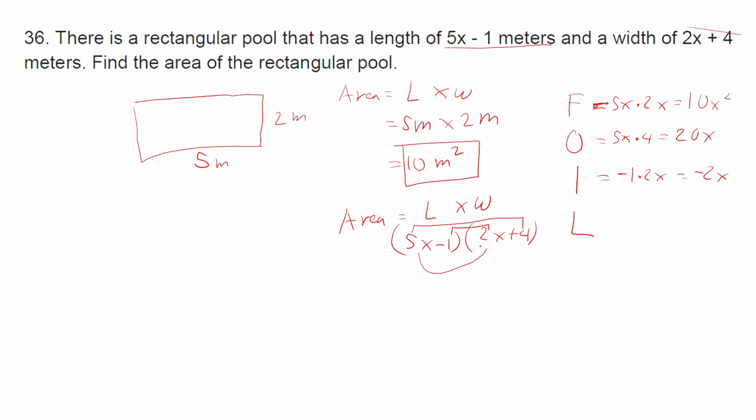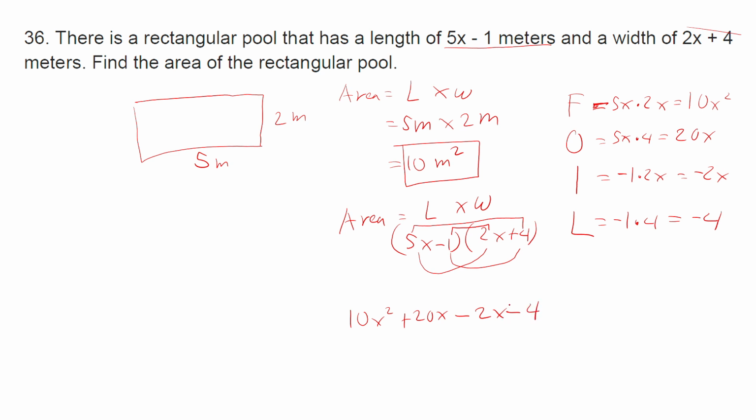And lastly, the last term, we have negative 1 times 4, and that is negative 4. Let's put them together. I'll just rewrite: 10x squared plus 20x minus 2x and then minus 4.